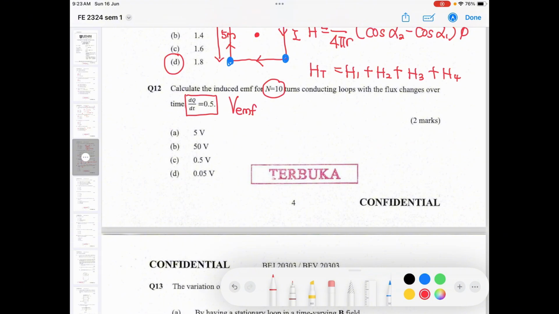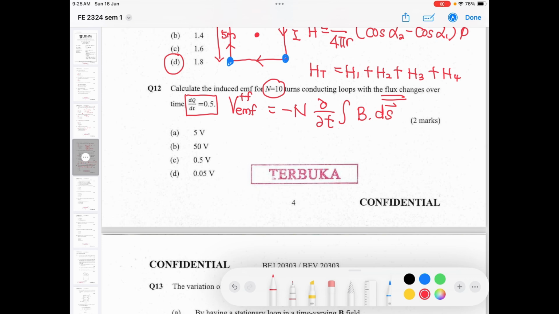First of all, we are quite sure this is a transformer EMF because it gave us the turns, and the flux change over time. So it is a time varying magnetic field. The equation for this will be equal to negative N d/dt of B dot dS.